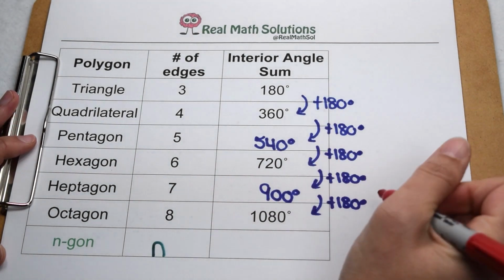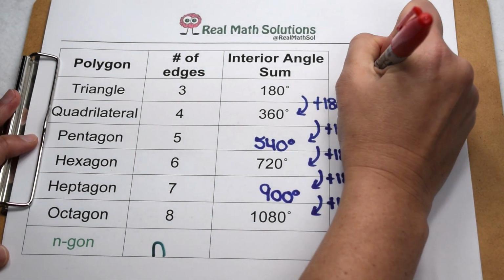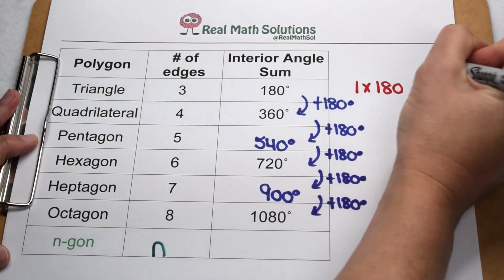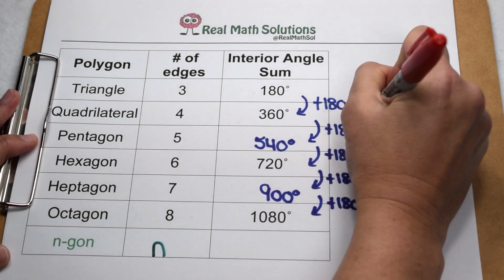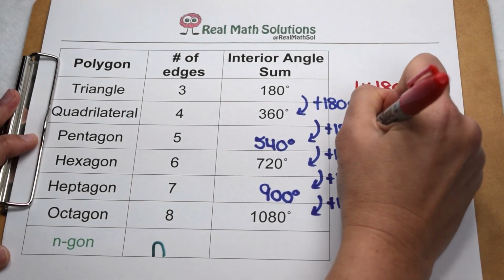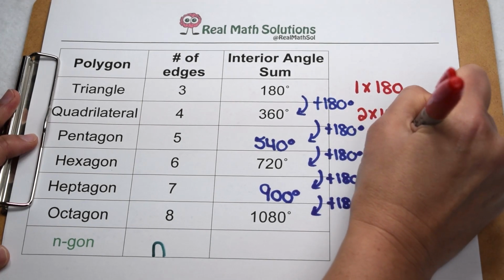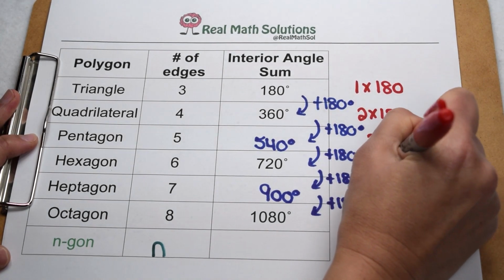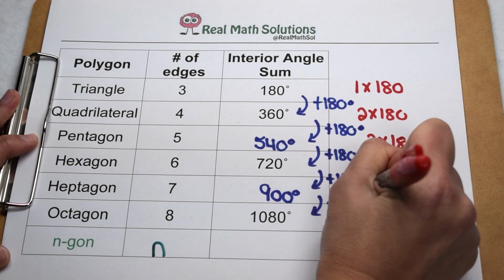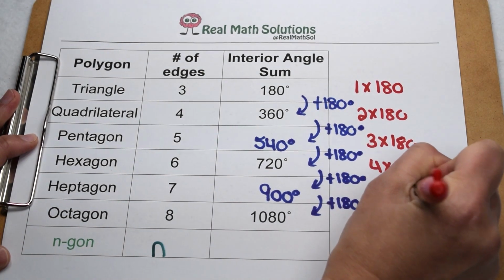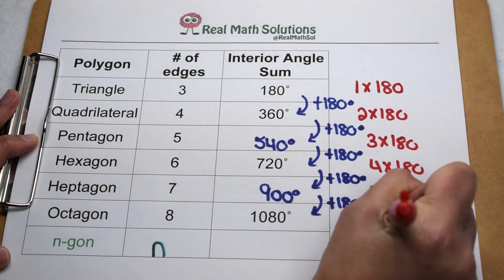Well, since we keep increasing by 180, we know we're using multiples of 180. So triangles would be 1 times 180, quadrilaterals 2 times 180, pentagons 3, hexagons would be 4 times 180, heptagons would be 5 times 180, and then octagons would be 6 times 180.